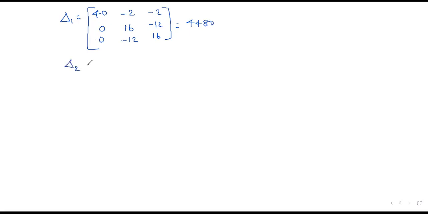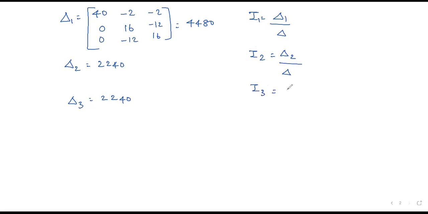Similarly, do the same procedure to calculate del 2 and del 3. What you will get here is 2240, again 2240. Both values are the same, del 2 and del 3. Now from this, I1 can be calculated as del 1 by del, I2 as del 2 by del, and I3 as del 3 by del.